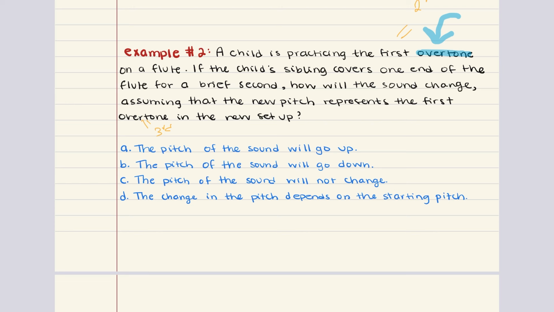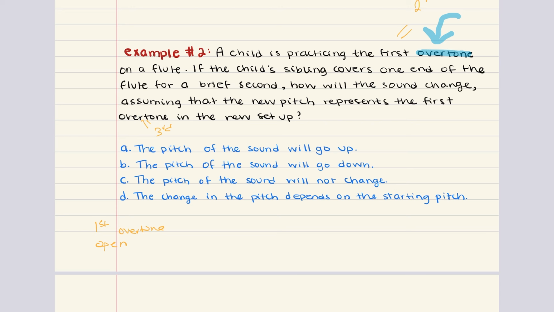Okay, this is going to be really important because in this problem, we're examining how the pitch of a flute changes when one end of the flute is covered. So initially, the child is practicing the first overtone of a flute, which is an open pipe. That means both ends are open, and that allows sound waves to form standing waves with nodes and antinodes.